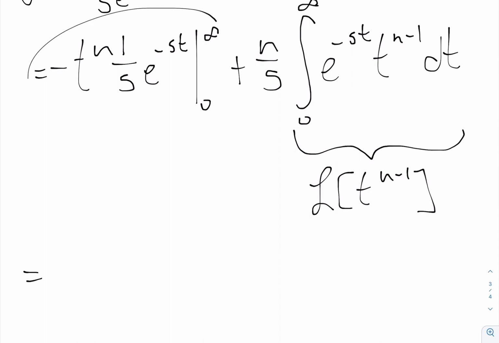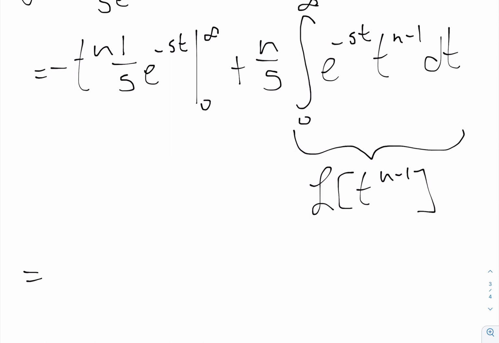If we evaluate this limit, this is just the limit as t approaches infinity of t to the n, minus the limit as t approaches 0 of t to the n here.